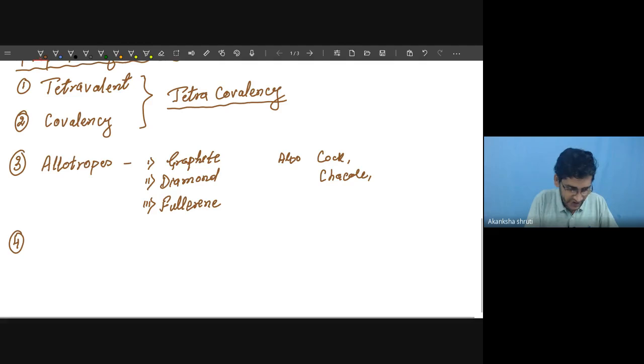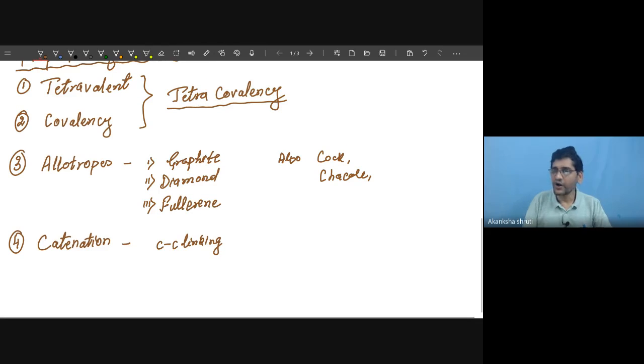That property is called catenation. This is nothing but carbon-carbon linking, or self-linking property. Because of this catenation, it is able to form a large variety of compounds.